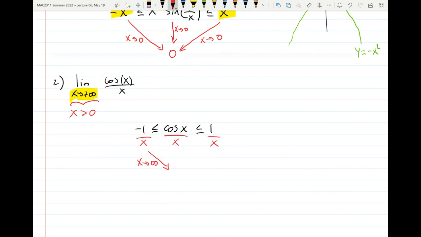When x approaches infinity, negative 1 over x goes to 0, and so does 1 over x. So that means that the function in the middle has to approach 0 as well as x approaches infinity. So this is equal to 0 by the Squeeze theorem.